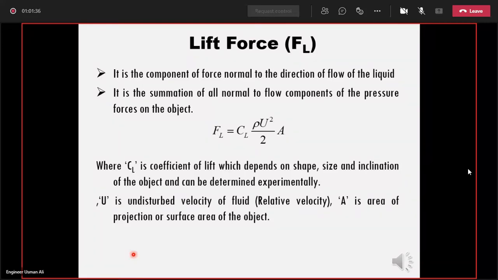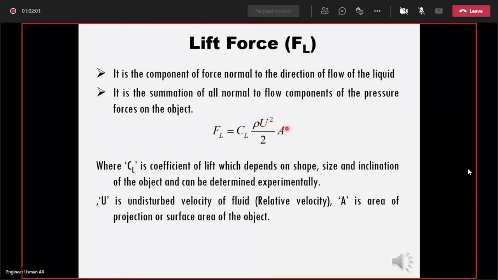So mathematically F_L is C_L rho u squared by 2 into A. C_L is the coefficient of lift and it depends on shape, size and inclination of the object, and it can be determined experimentally. For example, using a wind tunnel, we know how much force we are applying, rho is the density of the air or fluid being used, and we note the velocity with which the fluid is moving.